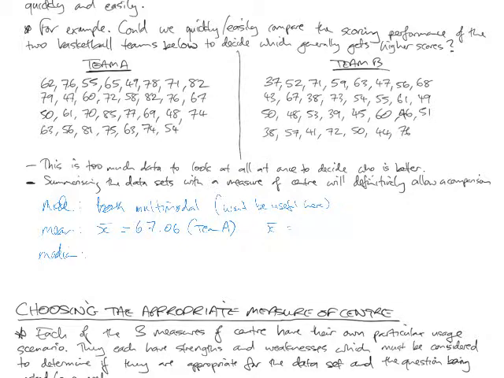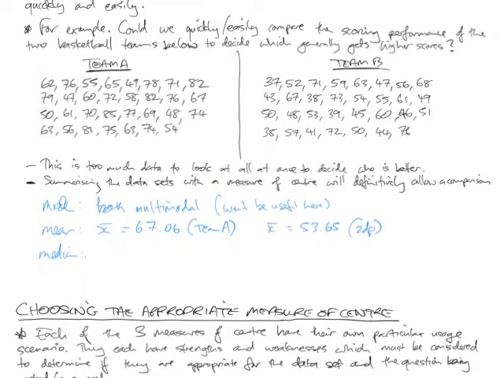X bar is 53.65, 2 decimal places. So already you get a sense of who has the higher mean and which team might be better. Let's just double check the median of both.